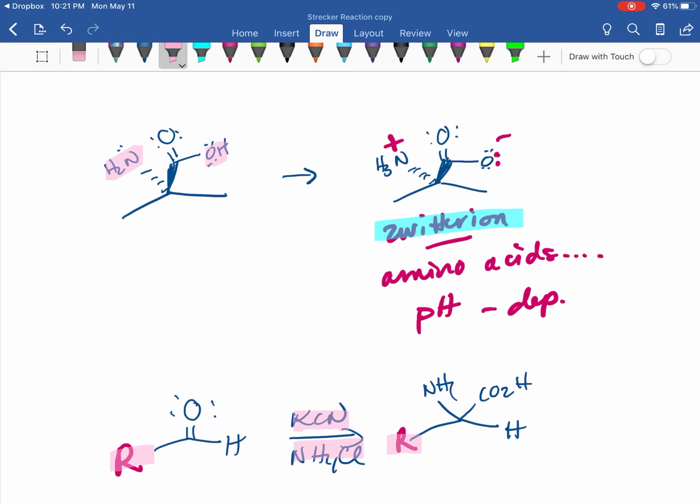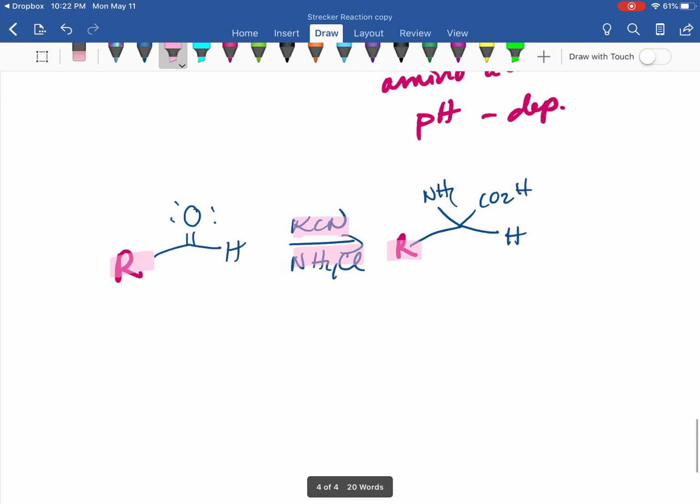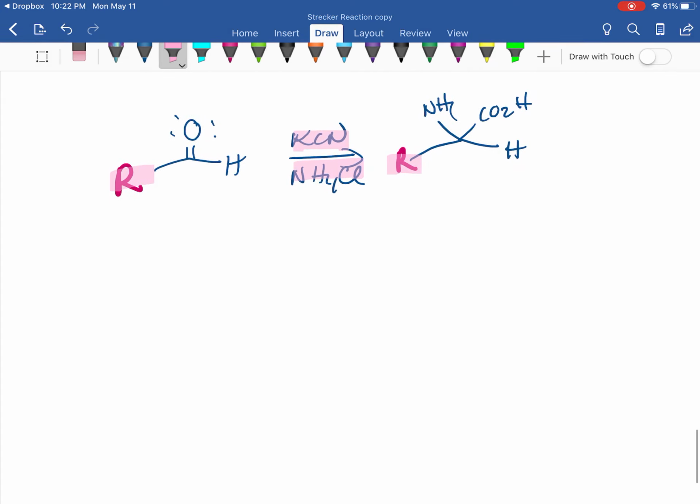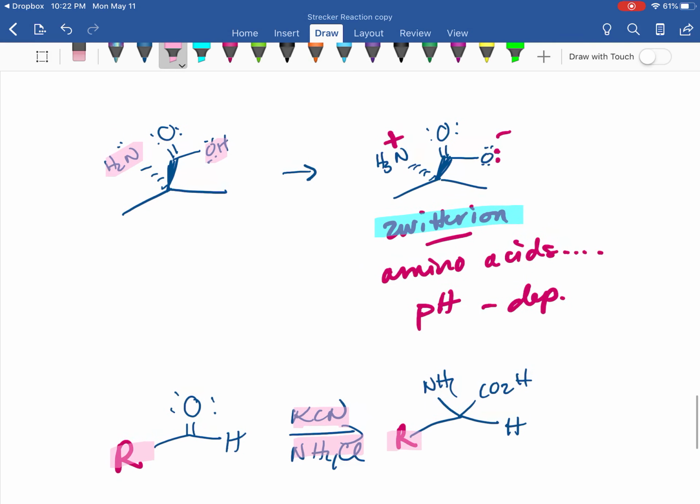Look at that. Again, this looks so fancy. Holy cow. Draw that mechanism out for your friends and you'll impress them. But at the end of the day, all you're doing is swapping the R group on your aldehyde, and you can now make anything on that table. Isn't that incredible? It's almost like we should put that into a take-home exam. What? We did. It's posted on Blackboard for you.